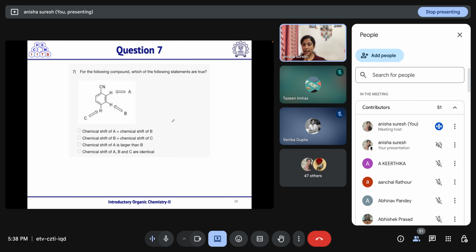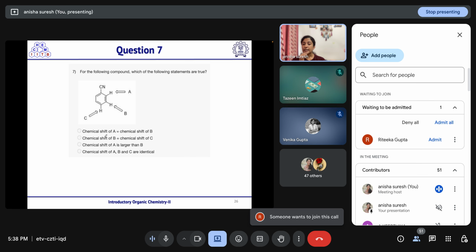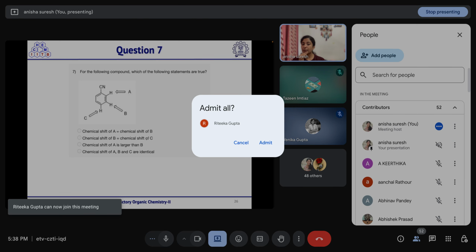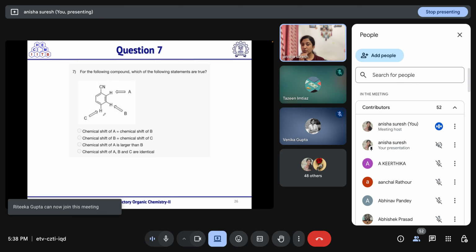So now when we are coming back to our question, they are asking what is the difference in chemical shift for A, B and C. And these are the options. Chemical shift of A equal to chemical shift of B. That is wrong, because these two will be showing different chemical shift values. And chemical shift of B equal to chemical shift of C, that is also wrong.